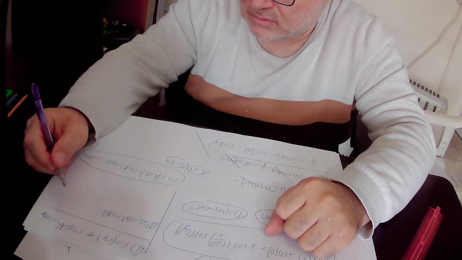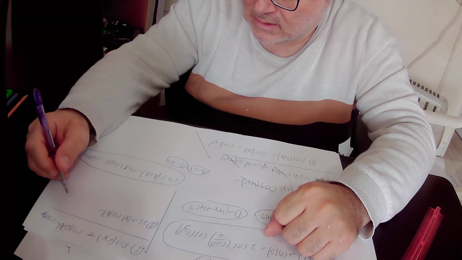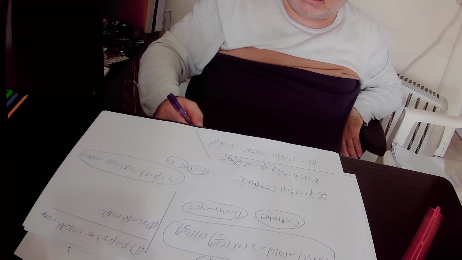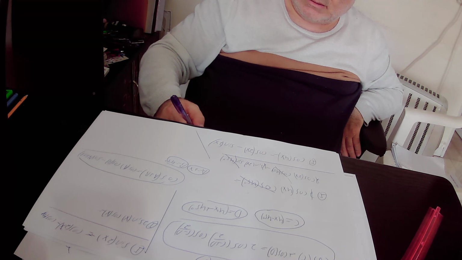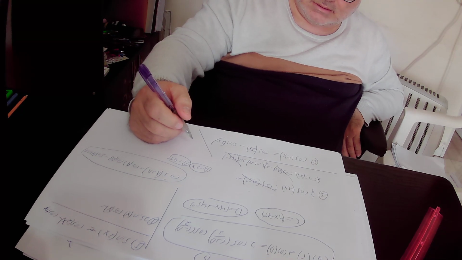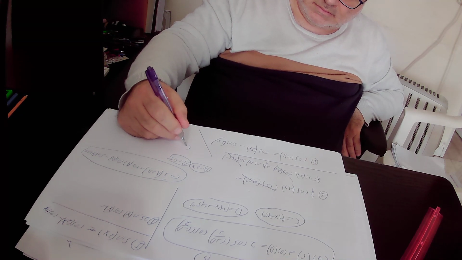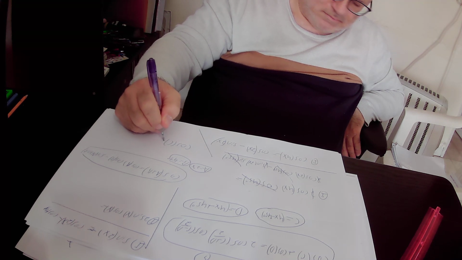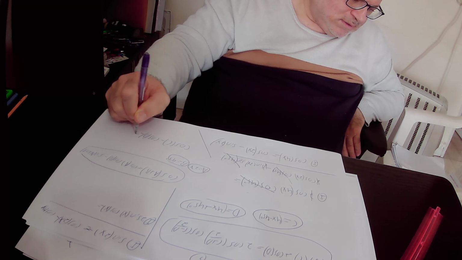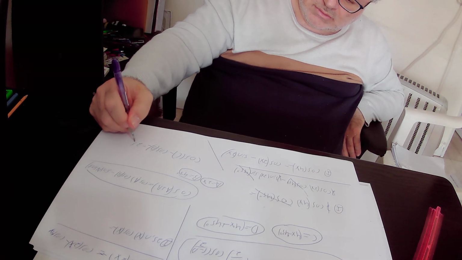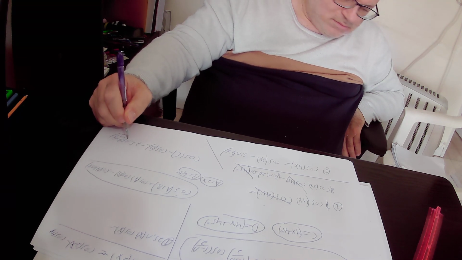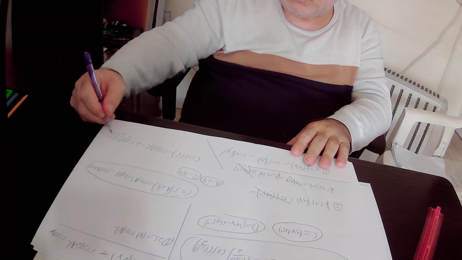And cosine 2x minus cosine 4x is very similar to the trigonometric identity that states that cosine C minus cosine D is equal to 2 sine D plus C over 2 times sine D minus C over 2.